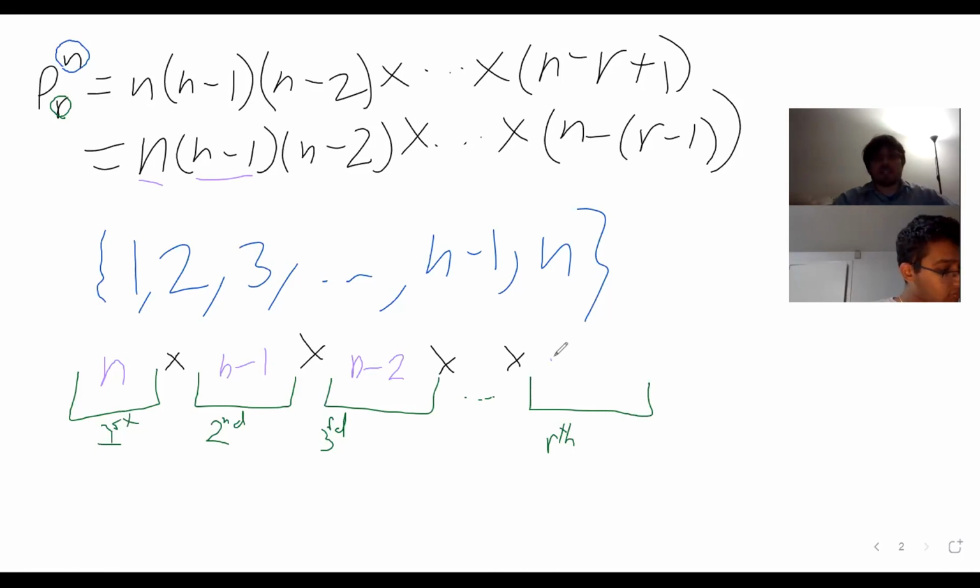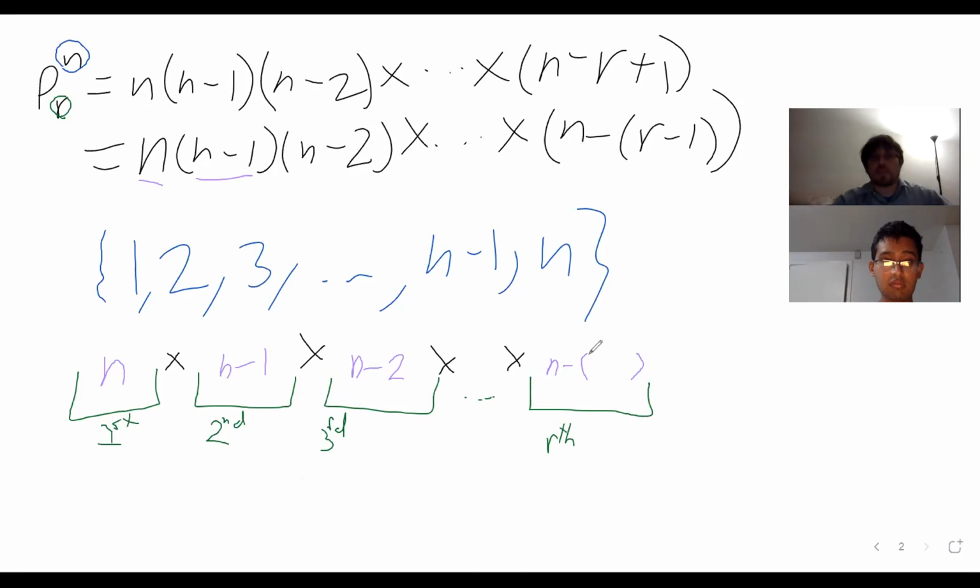It's n minus, and then in the parentheses, what do I put? When it was the first, it was n minus 0. When it was the second, it was n minus 1. When it was the third, it was n minus 2. So for the rth, it's n minus (r minus 1).